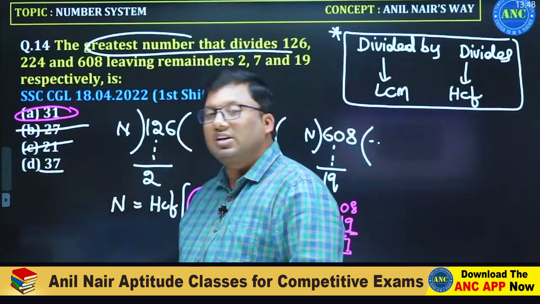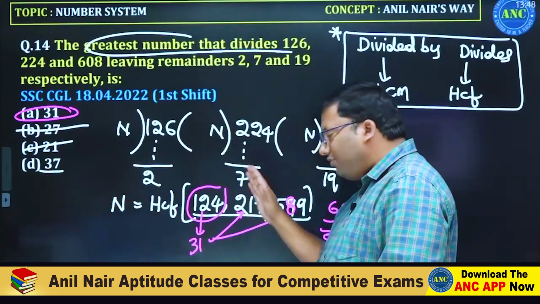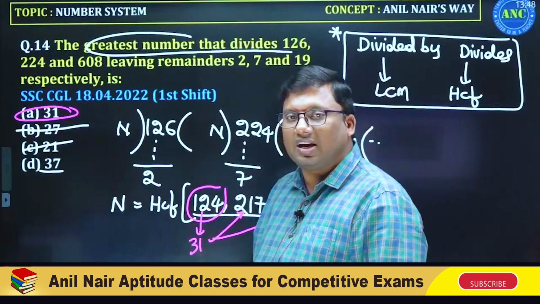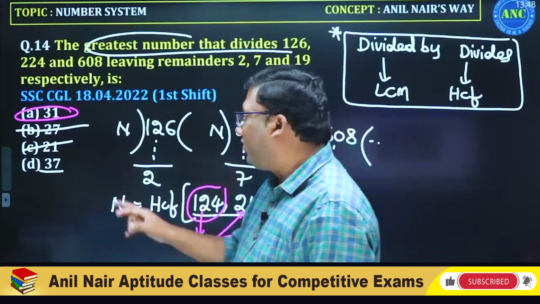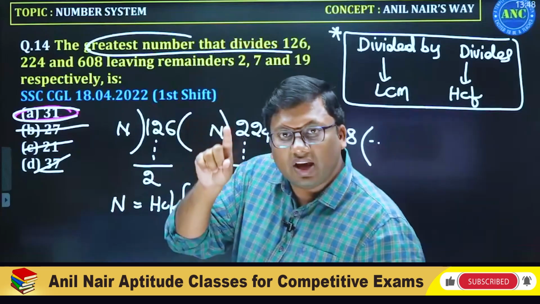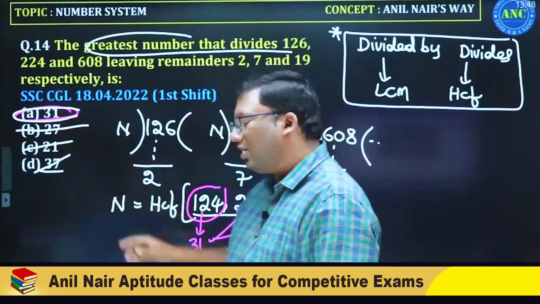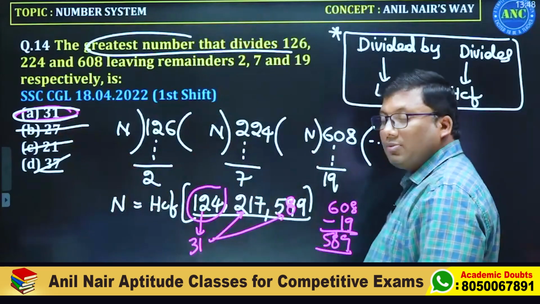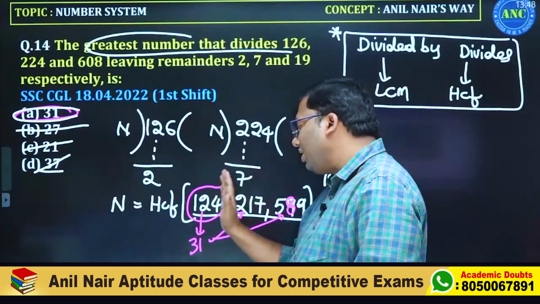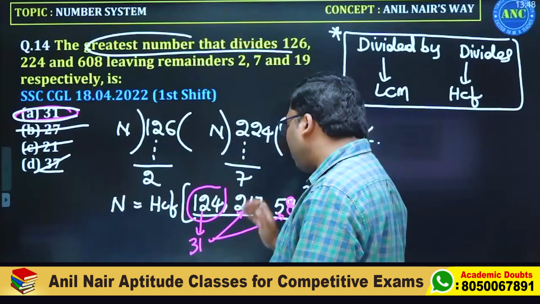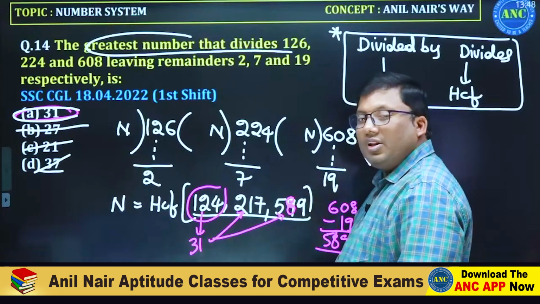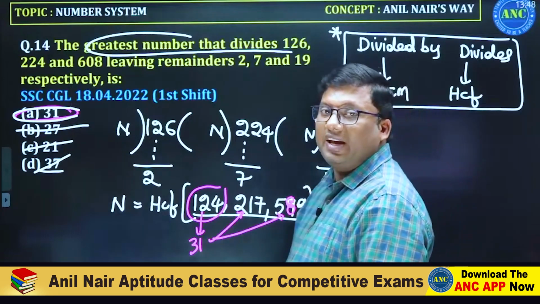If the answer is divisible by 37, every number should be divisible by 37. 37 threes are 111, 37 fours are 148. If the answer is divisible by 31, every number should be divisible by 31. Yes, every number is divisible by 31. 31 fours are 124, 31 sevens are 217, 31 nineteens are 589.